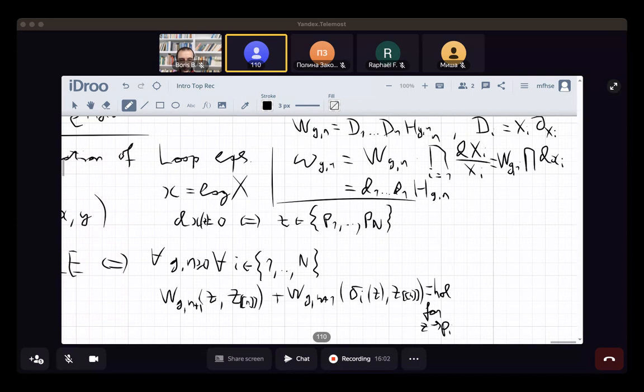Let's look at the point p_i and say that W is holomorphic there. Then W is multiplied with dx_i, which has a simple zero at p_i because p_i is a simple critical point of x. Then omega will not only be holomorphic there, but also have a zero of at least order 1. That's why we can formulate the linear loop equation like this in terms of W.